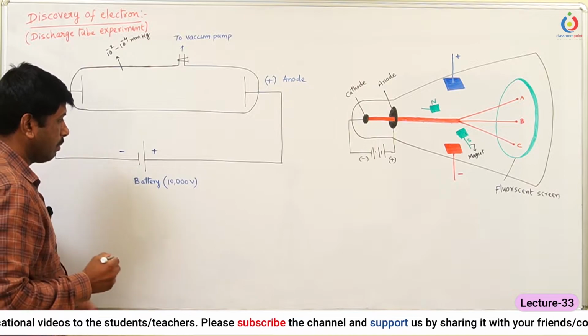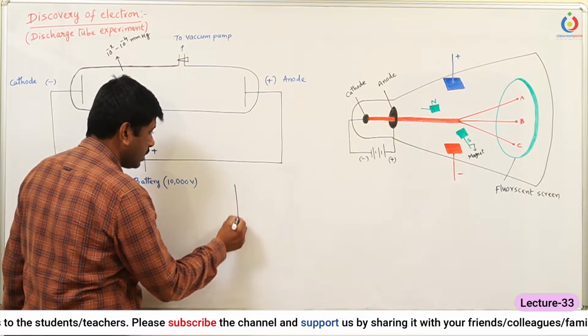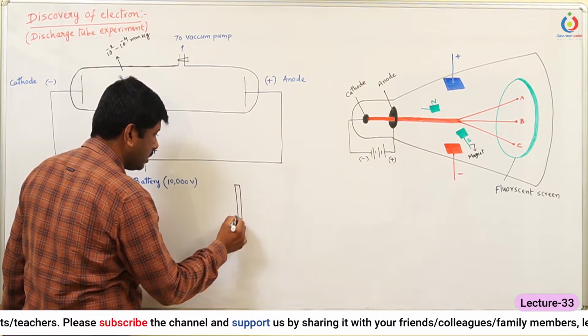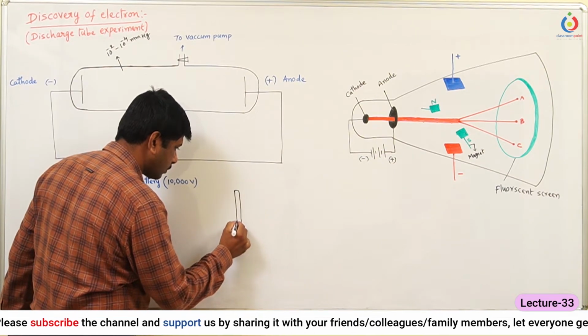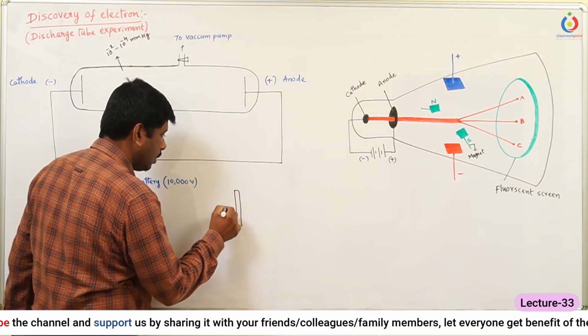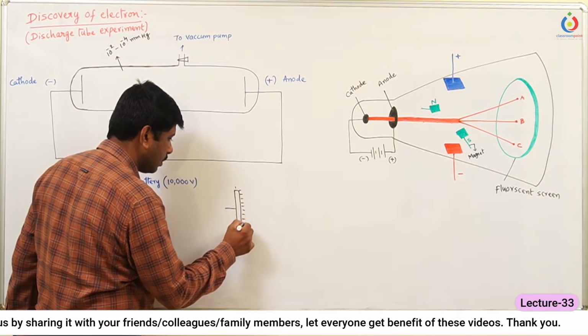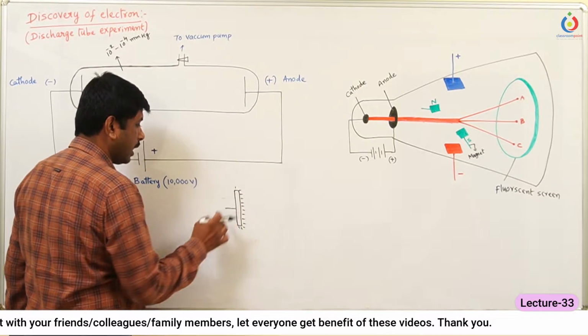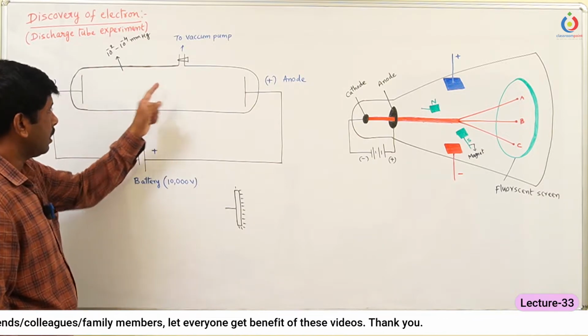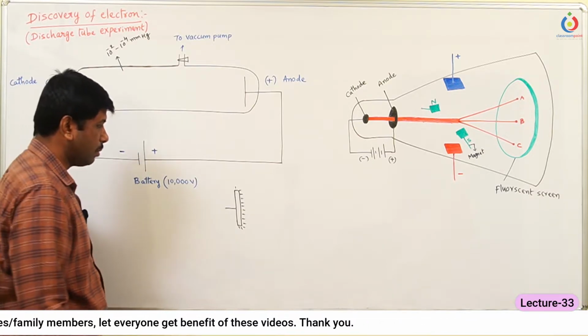And here you must remember, imagine this is the cathode, and particles are coming like this. We know that this cathode is in contact with the gas that is filled in the discharge tube.